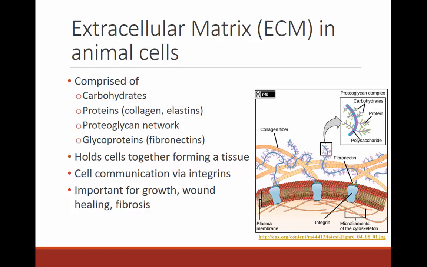What helps to maintain shape in animal cells particularly is what's known as the extracellular matrix. And there's some talk about this being another type of tissue, but that's still talk at the moment. So the extracellular matrix in animal cells has a number of different things. You've got carbohydrates in there, different types of proteins, things like collagen and elastins, a proteoglycan network, and glycoproteins, so the fibronectins.